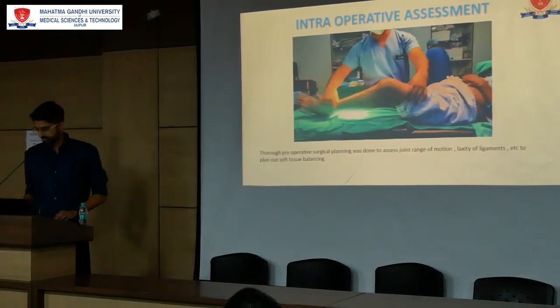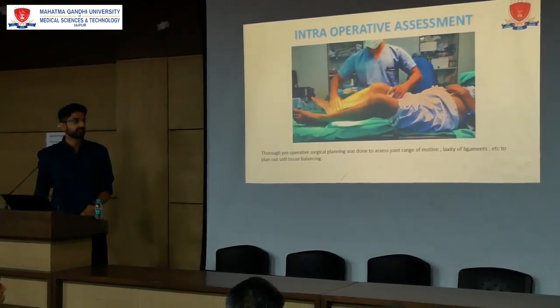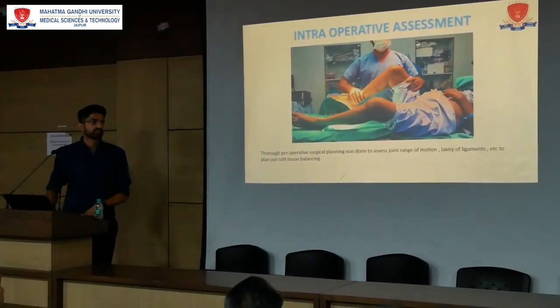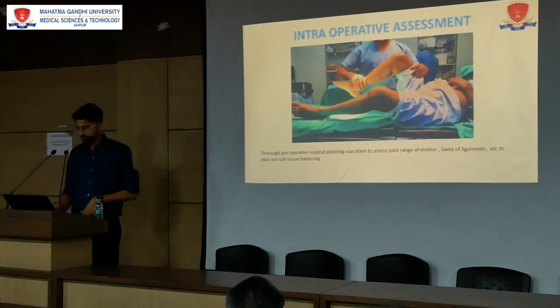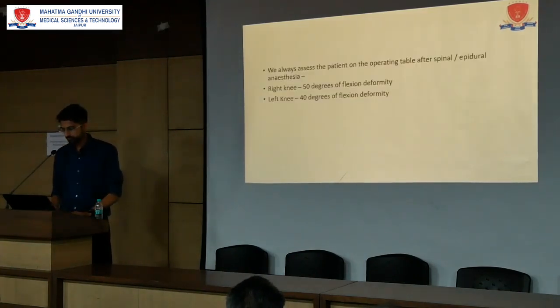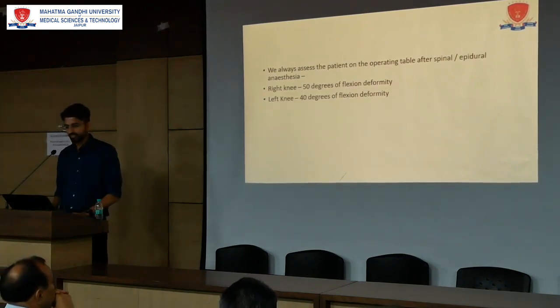So this means that there are significant soft tissue contractures and ligament instability and laxity which need to be corrected during the procedure. The right knee had 50 degrees of flexion deformity and the left knee had around 40 degrees of flexion deformity.